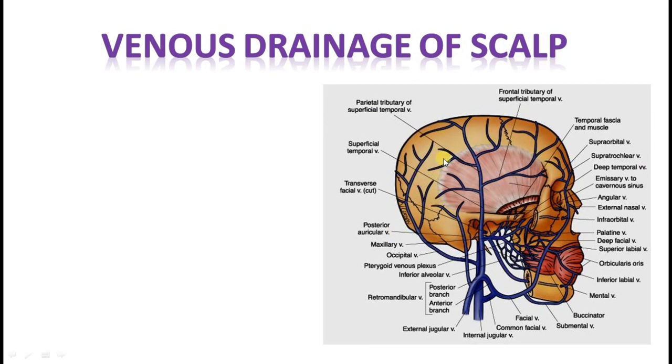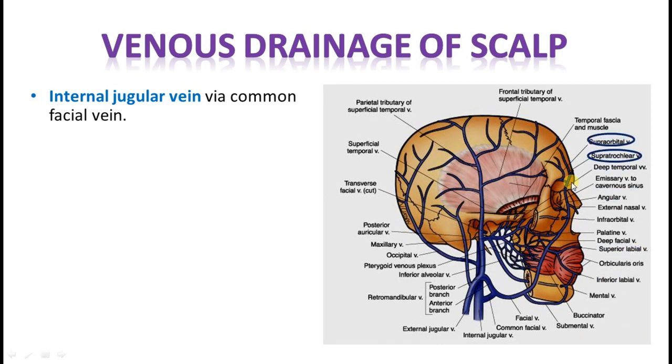Next, coming to the venous drainage of the scalp. Mainly it drains into the internal jugular vein, external jugular vein, and partly into the suboccipital venous plexus. How it drains to the internal jugular vein: the supraorbital and supratrochlear veins form the angular vein, which continues as the facial vein.